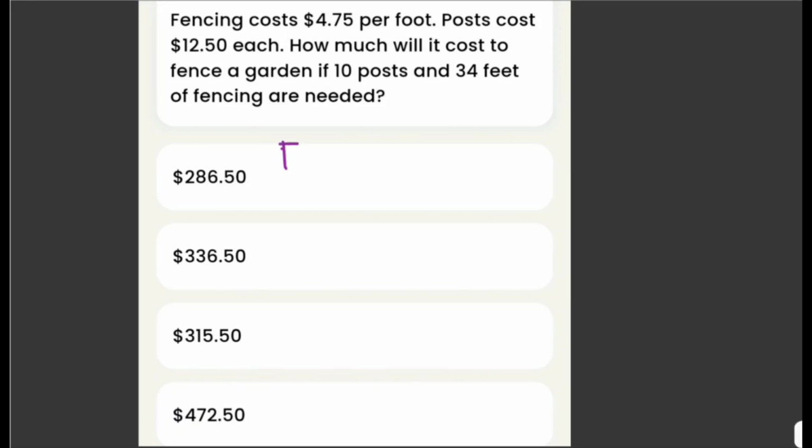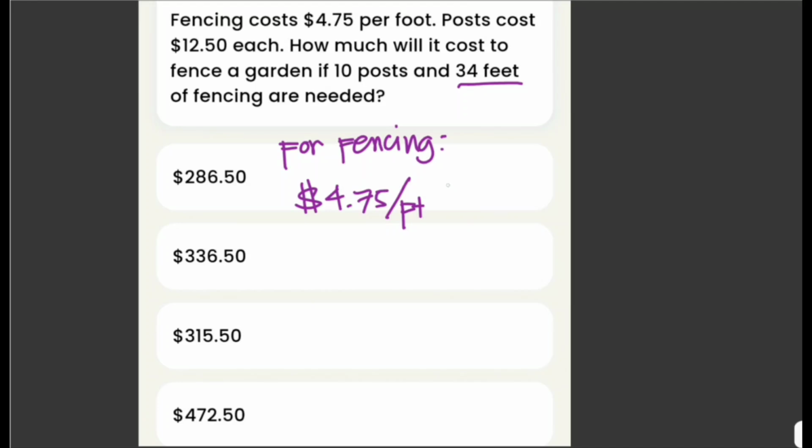So for fencing, that would be $4.75 per foot. It says here 34 feet of fencing is needed.